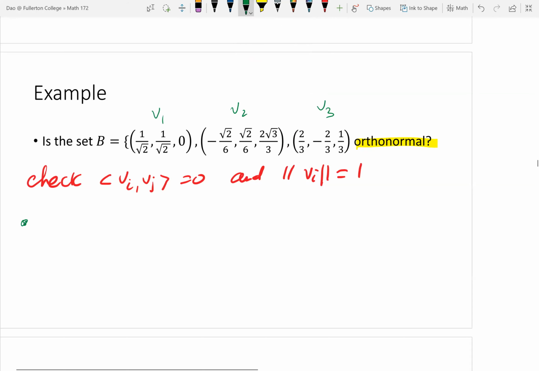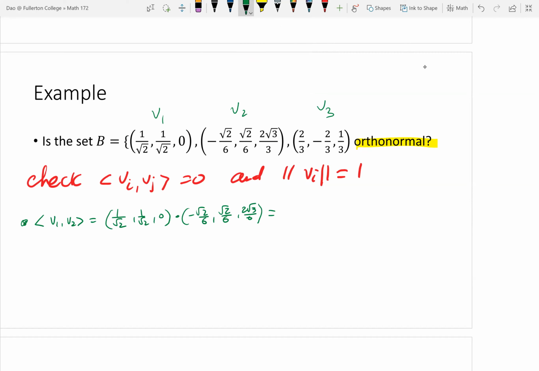So v1 dot v2 equals (1/rad 2, 1/rad 2, 0) dotted with (negative rad 2 over 6, rad 2 over 6, 2 rad 3 over 6).